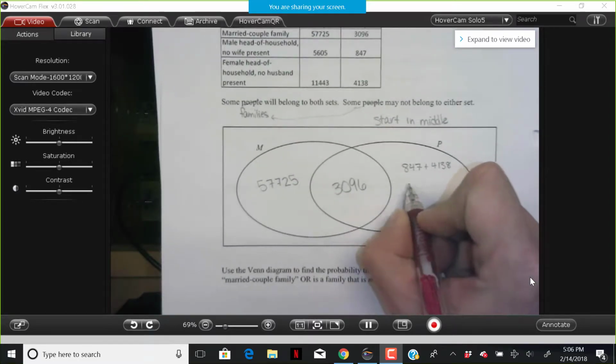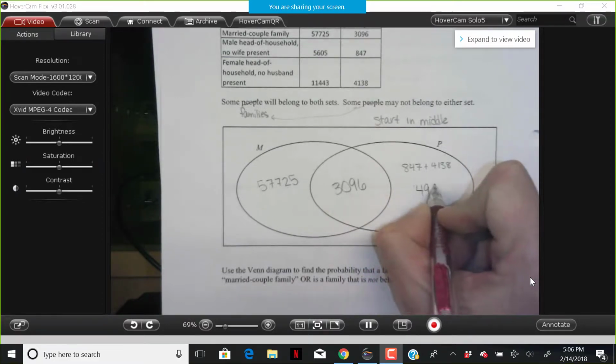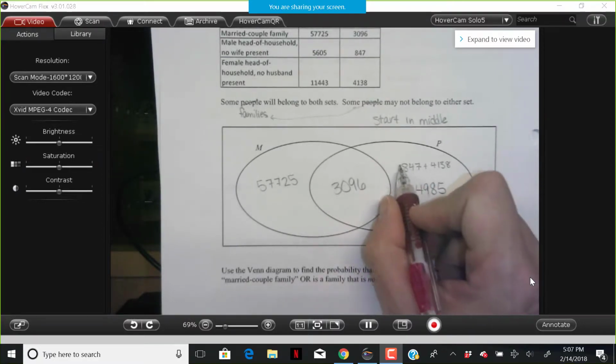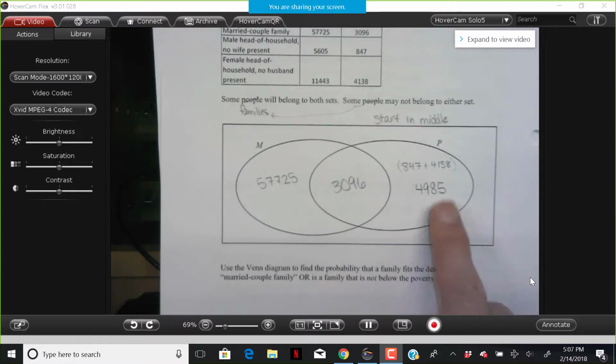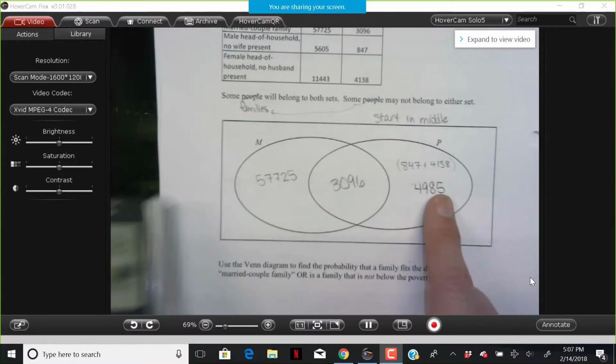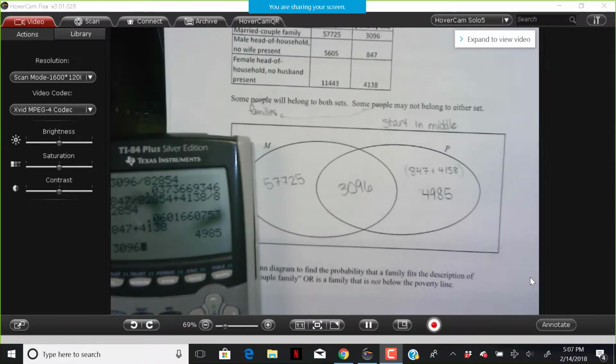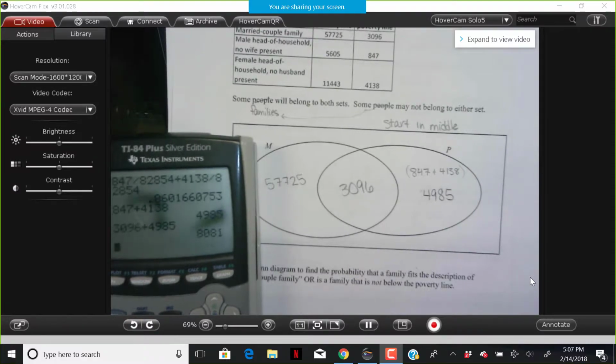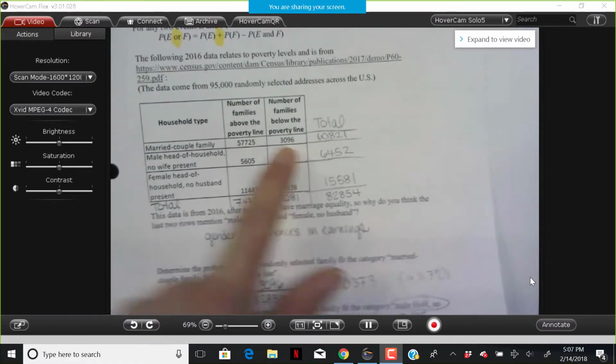So 4985. And notice if you add these two numbers together, the 3096 plus 4985, you get the 8081. That was the total here, right? We just had to take out the married couple families.